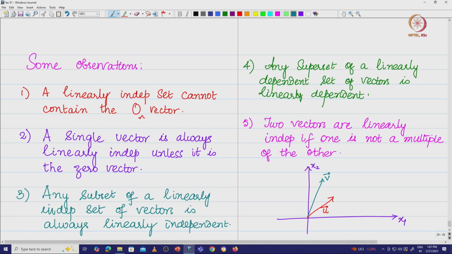Now, the moment you say two vectors are linearly dependent, the second vector must be along the same direction as the first vector.